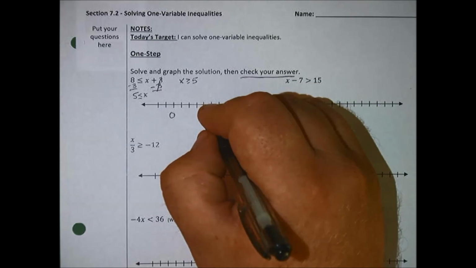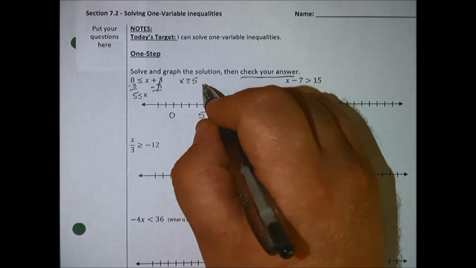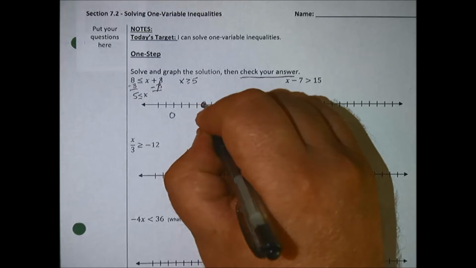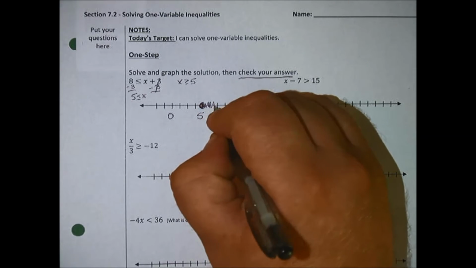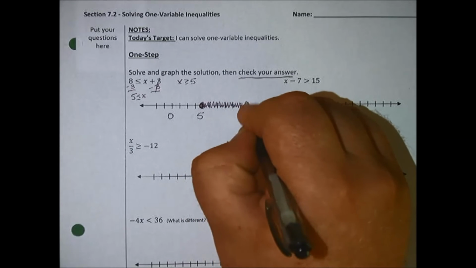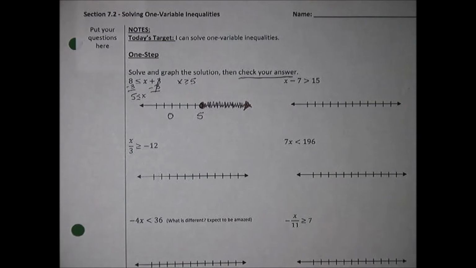So let's look here. x can be 5 or anything bigger than 5. So since it can be 5, we'll fill in that circle. And numbers that are bigger than 5 live to the right. Remember, shade the entire way to the arrow, make the arrow bigger and fill it in also. Those are the things that I'm looking for when I'm checking your graphing abilities.